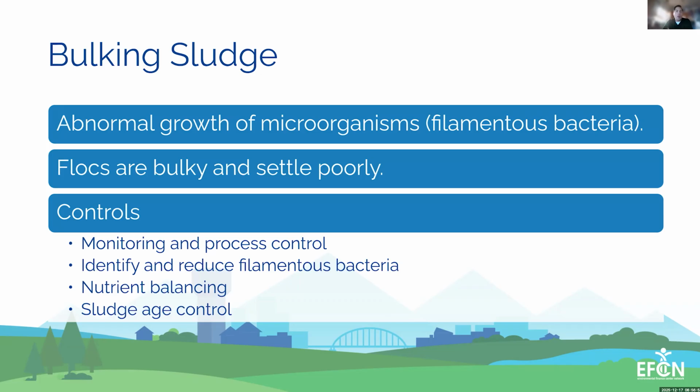And then our sludge age can be adjusted to favor the growth of floc-forming organisms over the filamentous bacteria, typically by increasing our sludge age. This can help control our bulking. And then also there's the chemical route where you introduce some chlorination to damage the filamentous bacteria over our floc-forming bacteria.